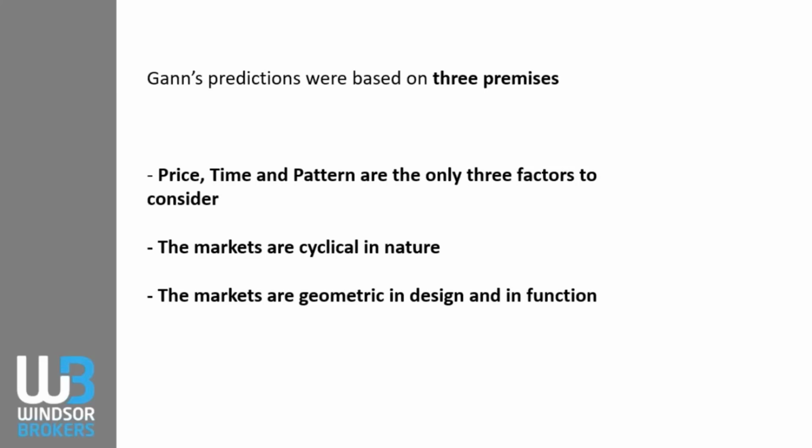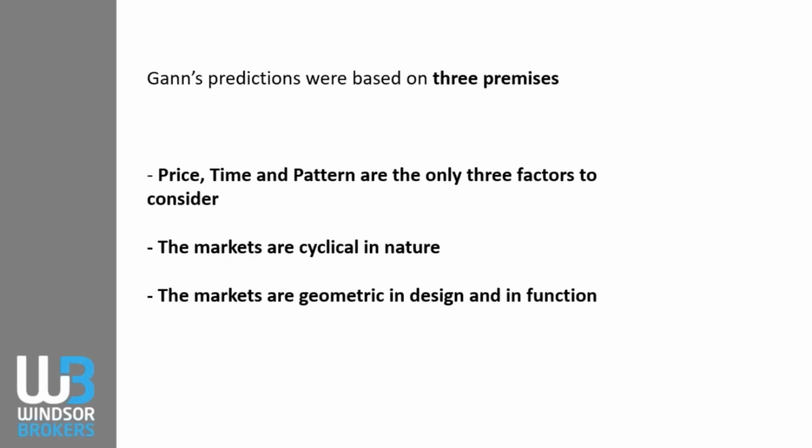The second important one is that the markets are cyclical in nature. So markets are basically moving in waves, as we mentioned in the previous classes, that there is no straight line. The market goes up and down, and these are called cycles. So whenever we look at the price within a certain period of time, the price will come to the same levels regardless of moving up or down during this period.